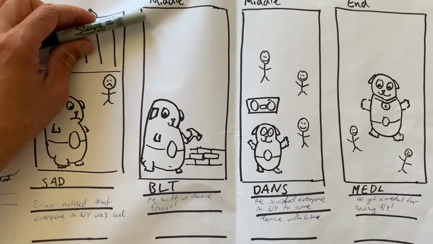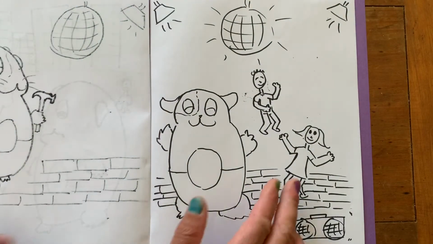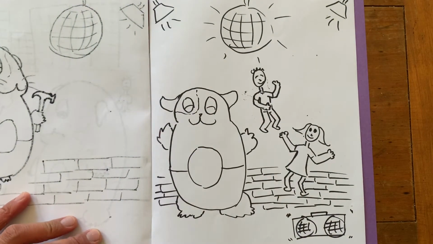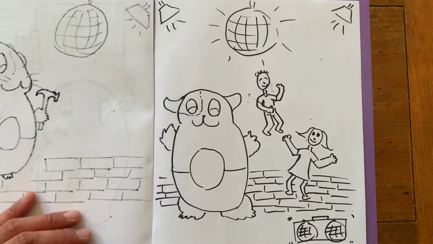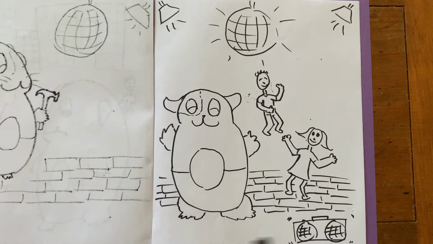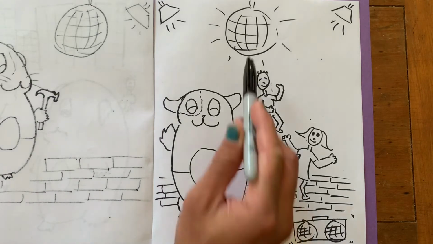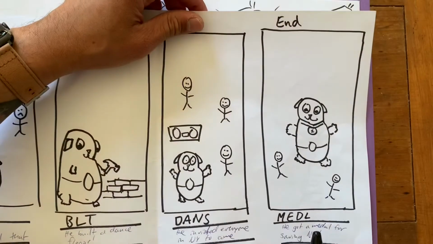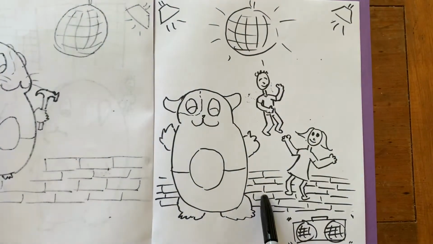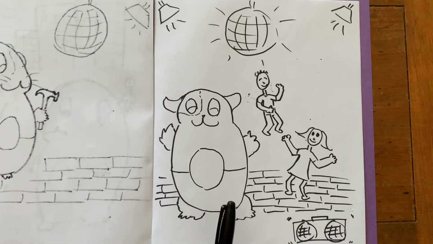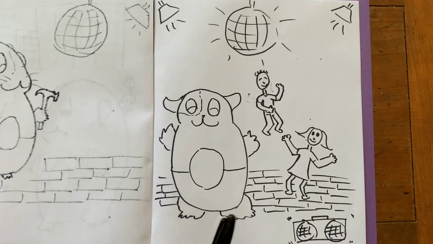And I tried to add a few more details by making those dancers look a little bit more detailed, making Brian look a little bit more detailed, the speaker, the disco ball, the lights, and of course, the dance floor that he spent so much time building. I forgot to add that.